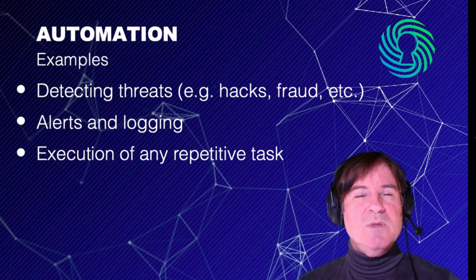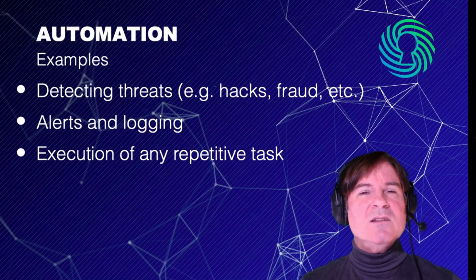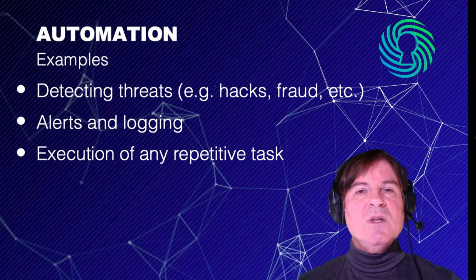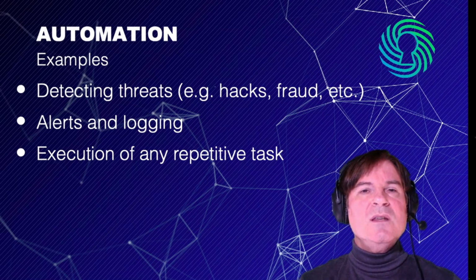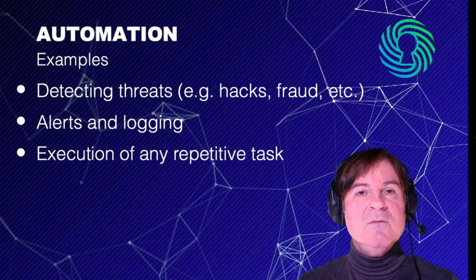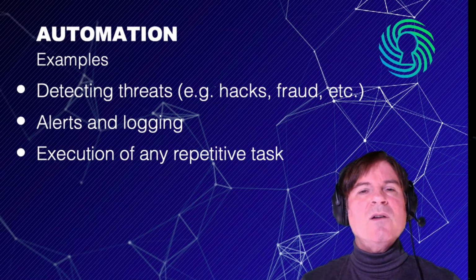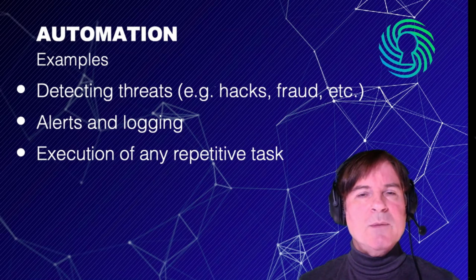Alerting so that the right people can be involved when something is found, and logging so that we can determine what happened and also establish what we've done to mitigate risk and to handle the enterprise environment. Any repetitive task can be leveraged. We will, though, touch specifically in greater detail on an area called data discovery, which is really becoming a very important topic in privacy and compliance regulation.